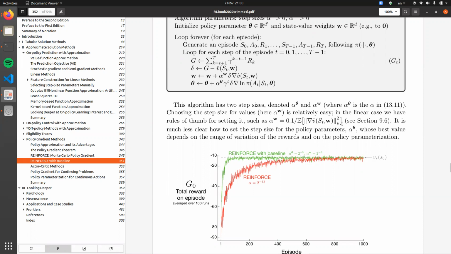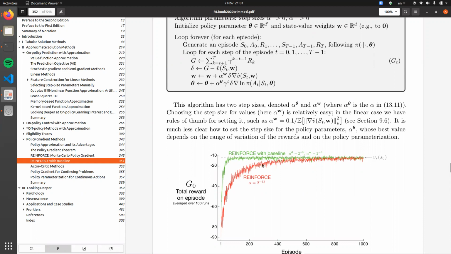As it was mentioned in the chapter where we introduced learning value function with function approximation, there are heuristics you can use to select the learning rate for W, which is the parameter vector for our value function.